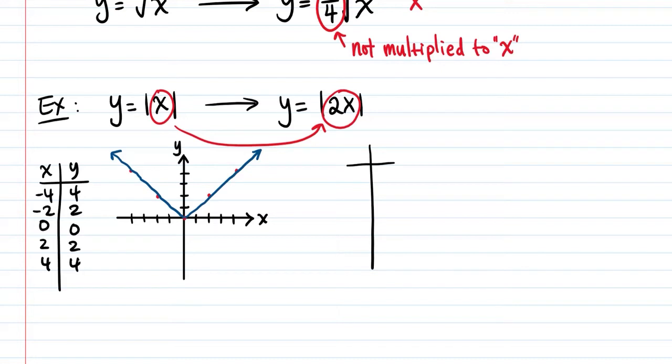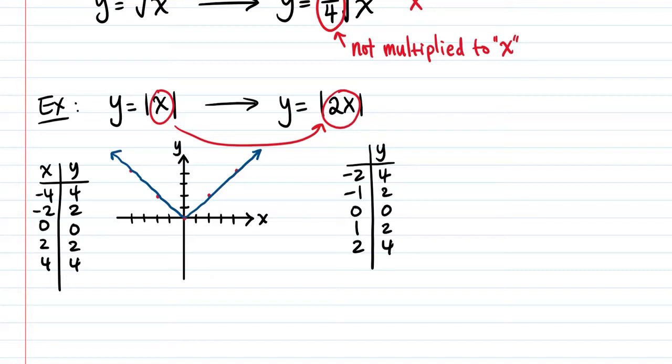Since there is no change to the y variable, we're going to keep the y values the same: 4, 2, 0, 2, 4. To have these values as y, we're going to find what x can be input. To have 4 as the y, x can be +2 or -2, but let's start with -2, -1, 0, +1, and 2.